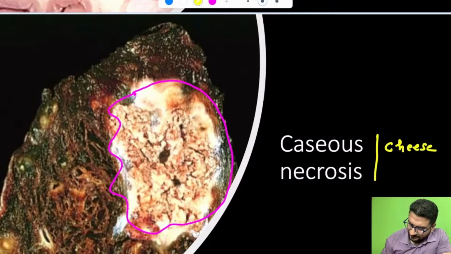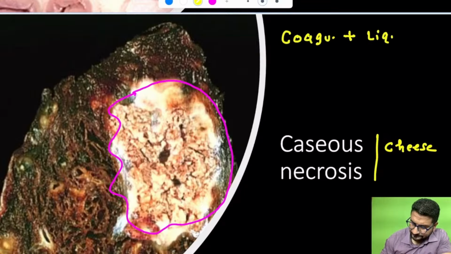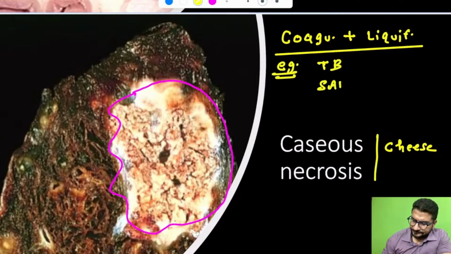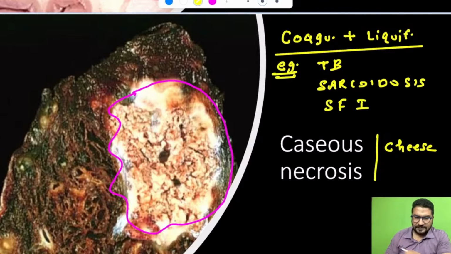This is a combination of coagulative plus liquefactive necrosis. Classically you will see this in tuberculosis, in sarcoidosis, and systemic fungal infection, right?